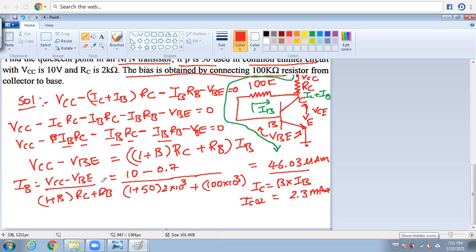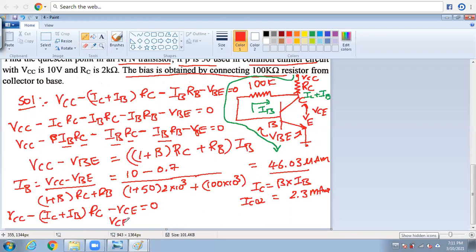Now the output equation I will write directly. So VCC minus IC plus IB into RC minus VCE equal to 0.